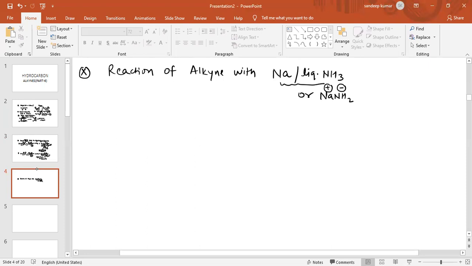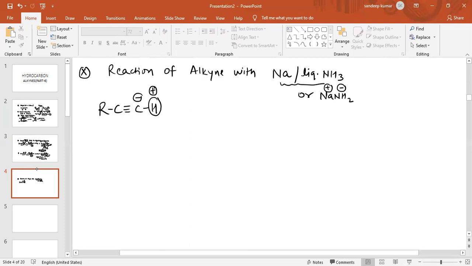Now see the reaction. If the alkyne is terminal, like R, C triple bond C, H, this hydrogen is an acidic hydrogen. Due to this acidic hydrogen, the hydrogen carries a plus charge and this carbon carries a negative charge. So this will behave as a nucleophile.